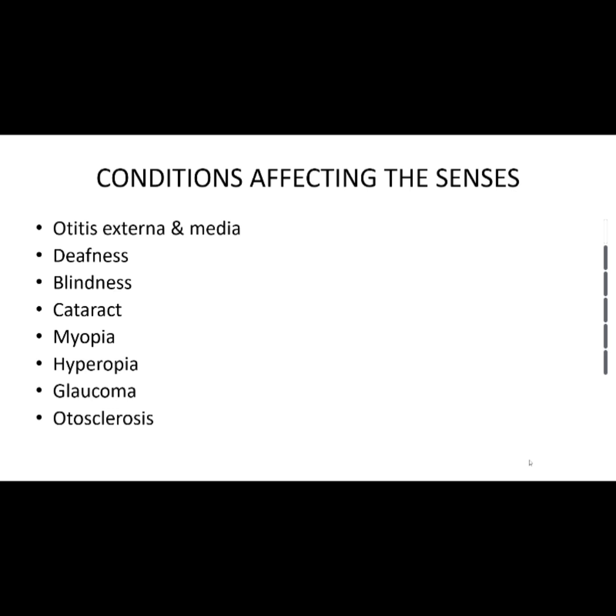Somebody who is long-sighted can see something that is far away clearly, but cannot see something that is near clearly. And somebody who is short-sighted can see something that is near well, but cannot see something far away properly. So they are corrected with the lenses that we are given in the spectacles.